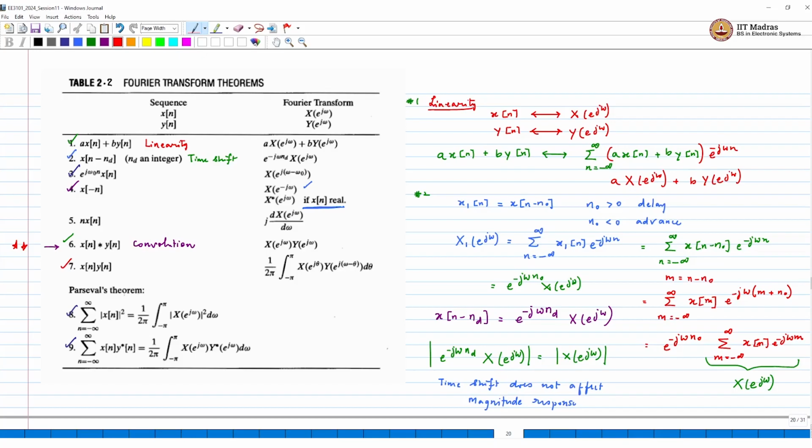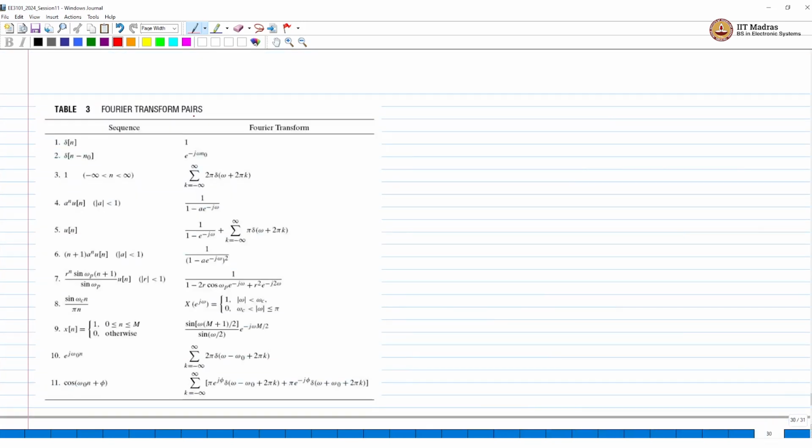Multiplication in time produces convolution in frequency. These are the properties that we can use quite extensively in applying the discrete time Fourier transform as a very powerful tool. Remember that we derived the symmetry properties in the last class, and in this class we looked at the transform properties, and in the next class we are going to be looking at some standard Fourier transform pairs.